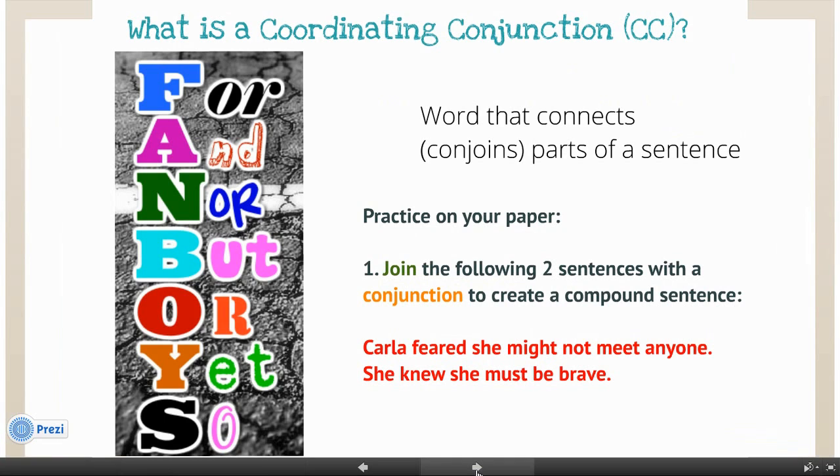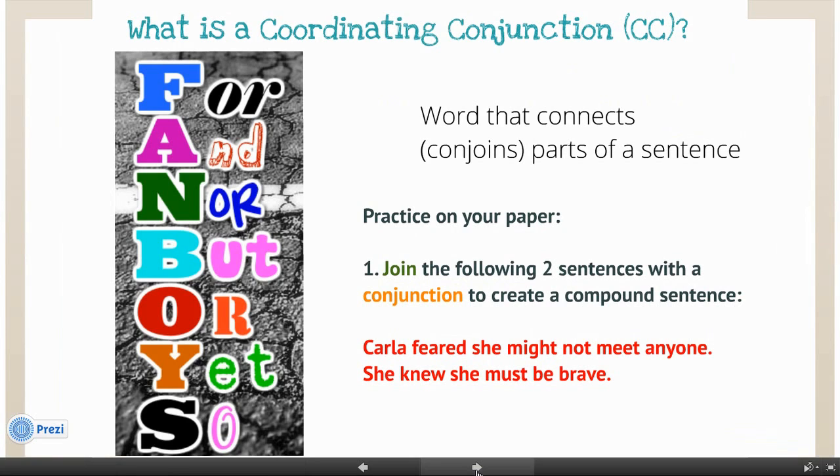Those are for, and, nor, but, or, yet, so. Again, in a compound sentence, the coordinating conjunction comes after the first simple sentence and connects that sentence to the second sentence to create a compound sentence.